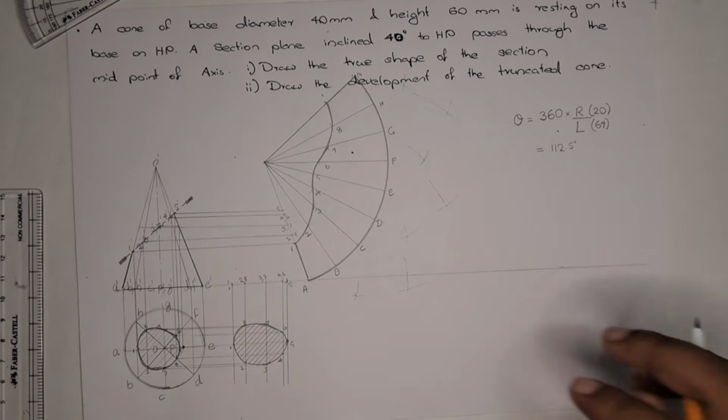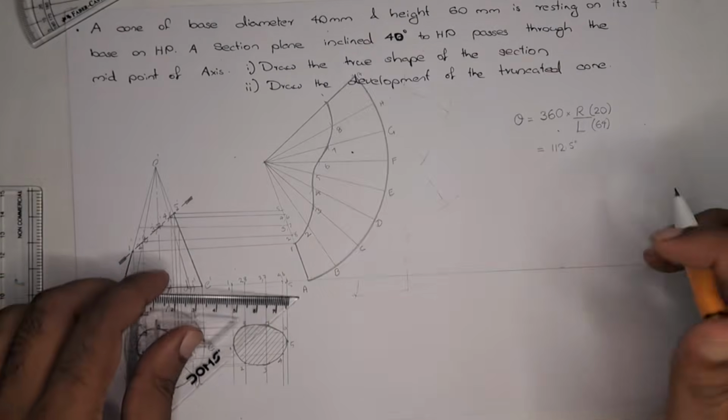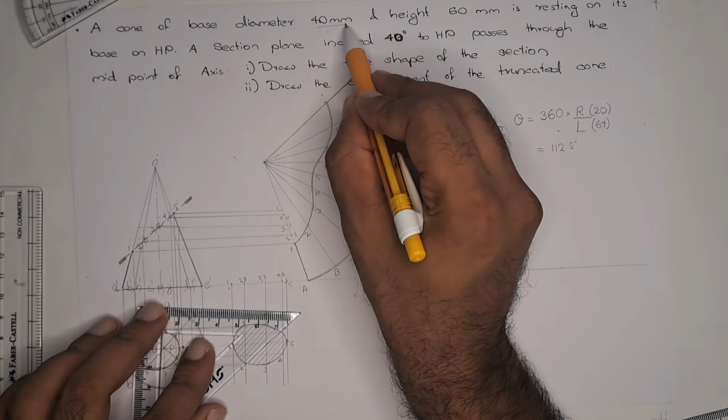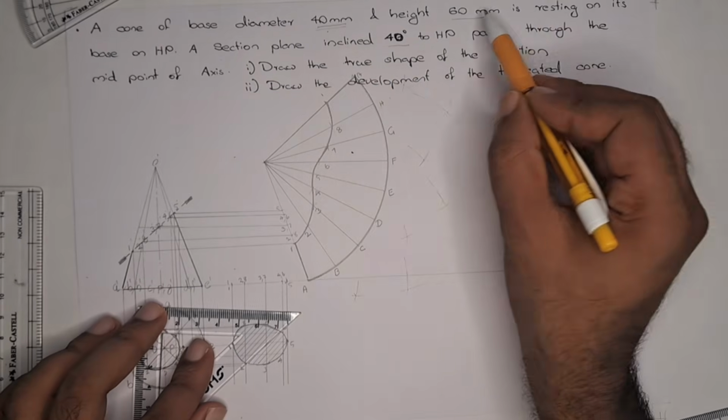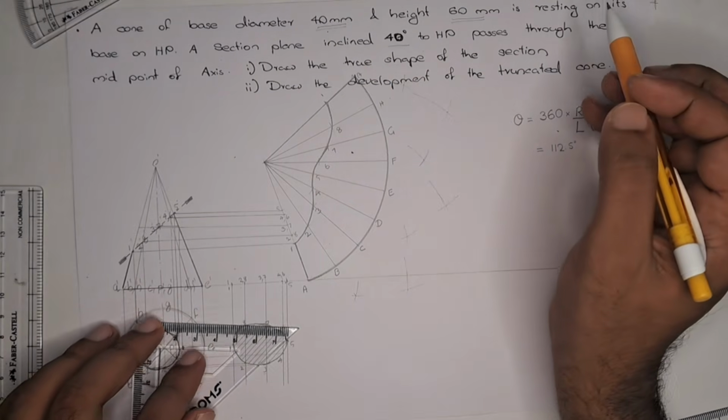Now we can do the dimension. So there are three dimensions given. So 40 mm, 60 mm, and the 40 degree.